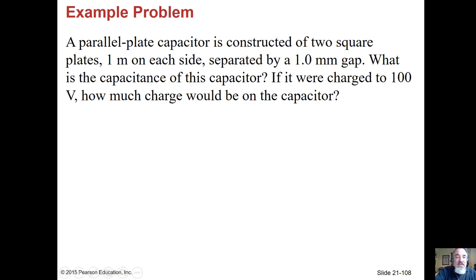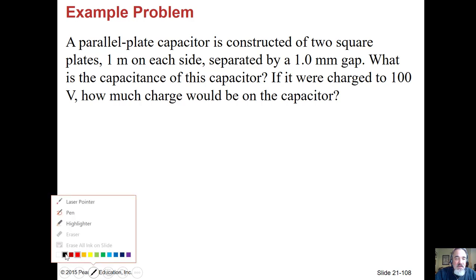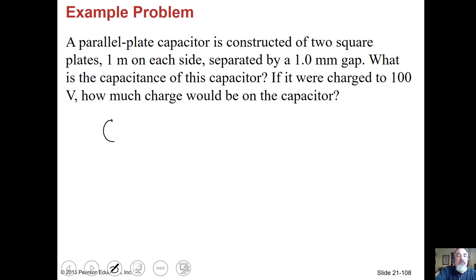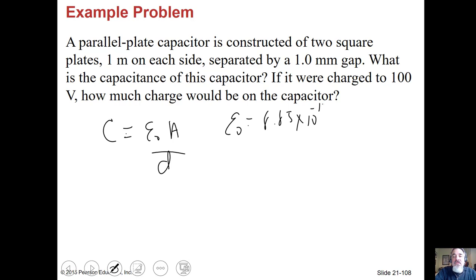Okay, so the capacitance is, from what we just saw, epsilon naught A over D. Epsilon naught, reminding you, is that constant, 8.85 times 10 to the minus 12 newton meters squared per coulomb squared.